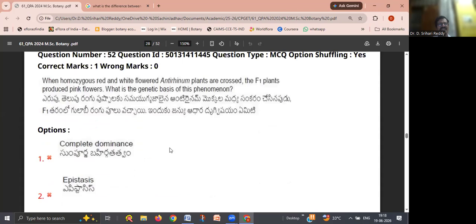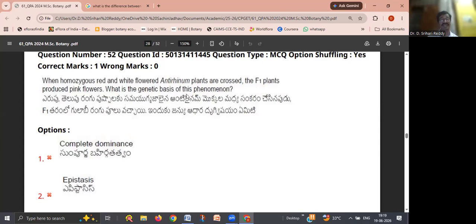And the next one: when homozygous red and white Antirrhinum plants are crossed, the F1 plants produce pink flowers. You see the parents here: one parent has red flowers, another parent has white flowers. When these two are crossed, in the F1 generation the plants got pink flowers.